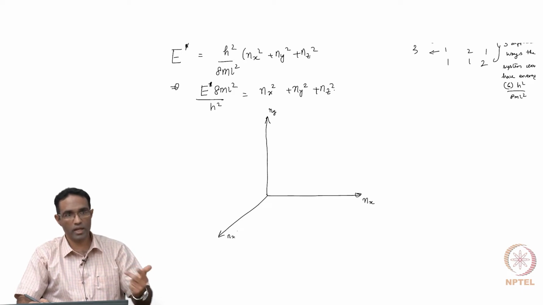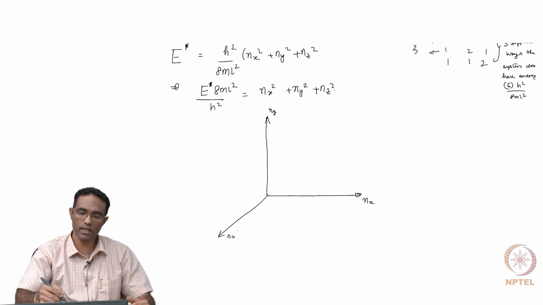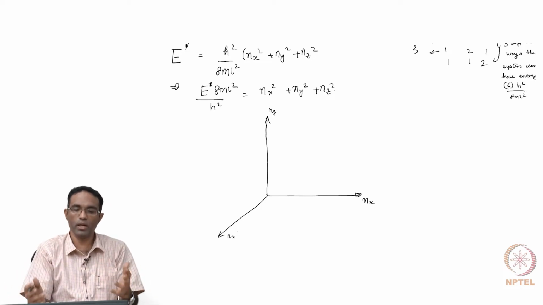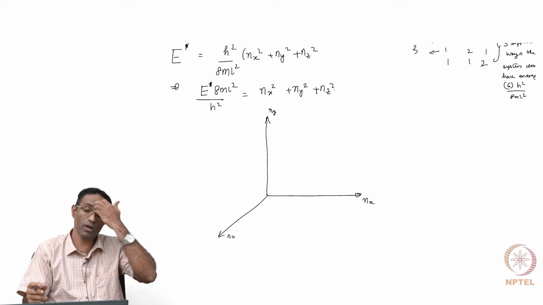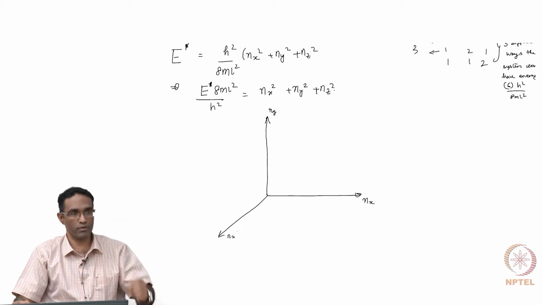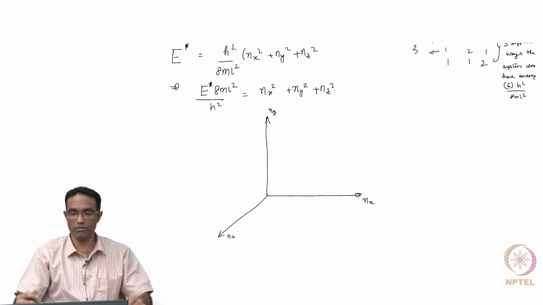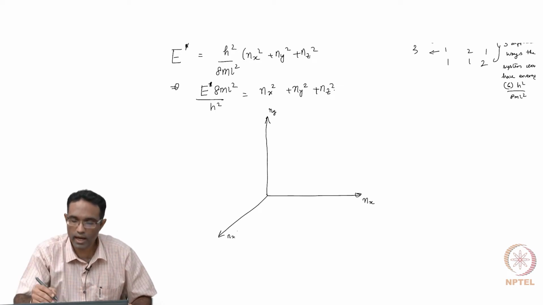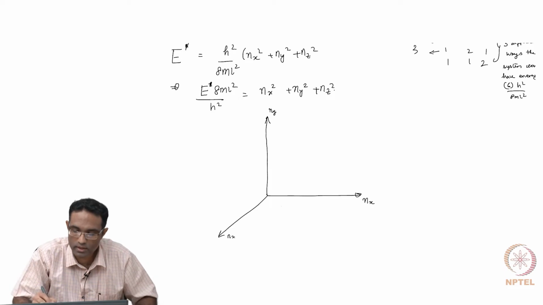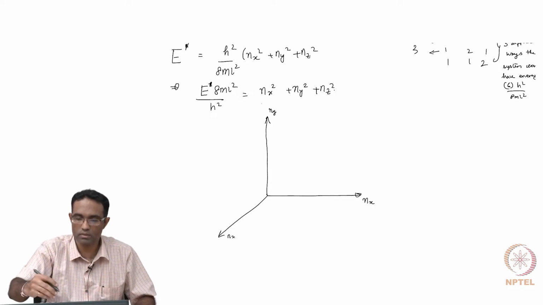Since nx, ny and nz are all positive, we are only considering 1/8 of a sphere in the positive xyz quadrant, and the actual set of all possible ways.